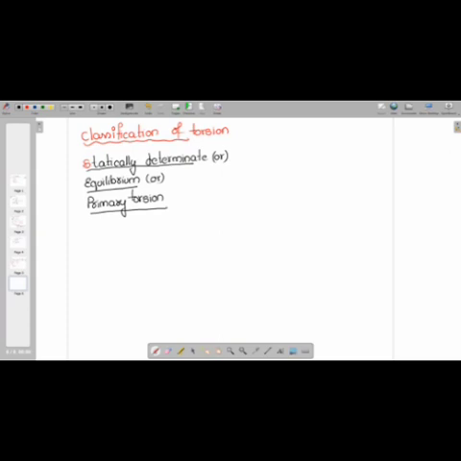Now see the torsion in a canopy beam. I'll tell you what statically determinate, equilibrium or primary torsion is.